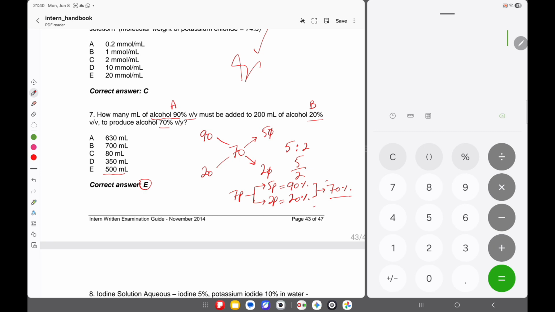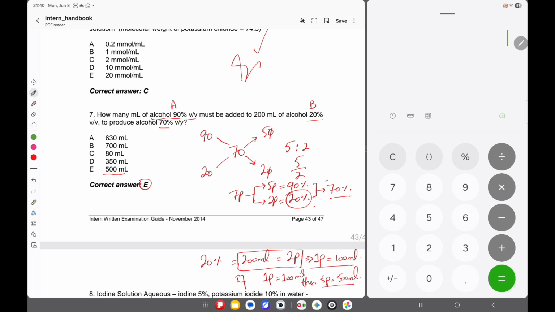We know the volume of 20%. We have the volume of 20%, that is 200 ml. That constitutes 2 parts. If we simplify, we get one part equal to 100 ml. If one part is equal to 100 ml, then of course 5 parts will be equal to 500 ml.